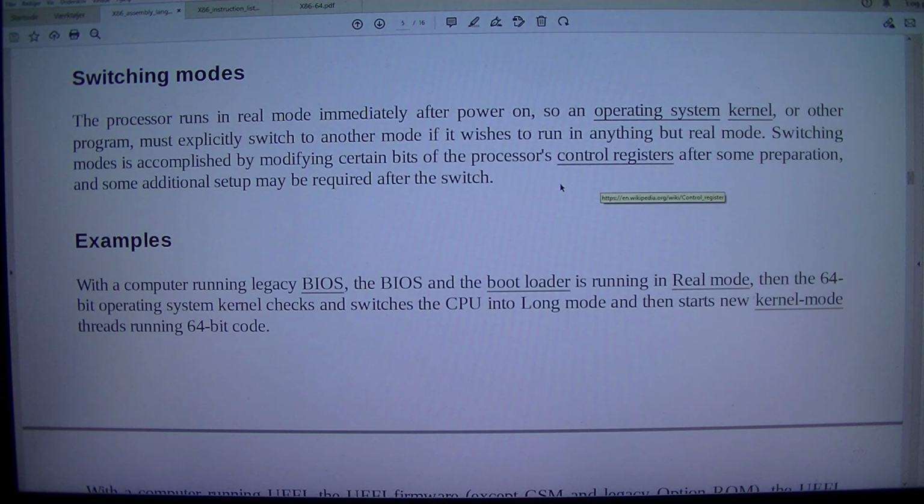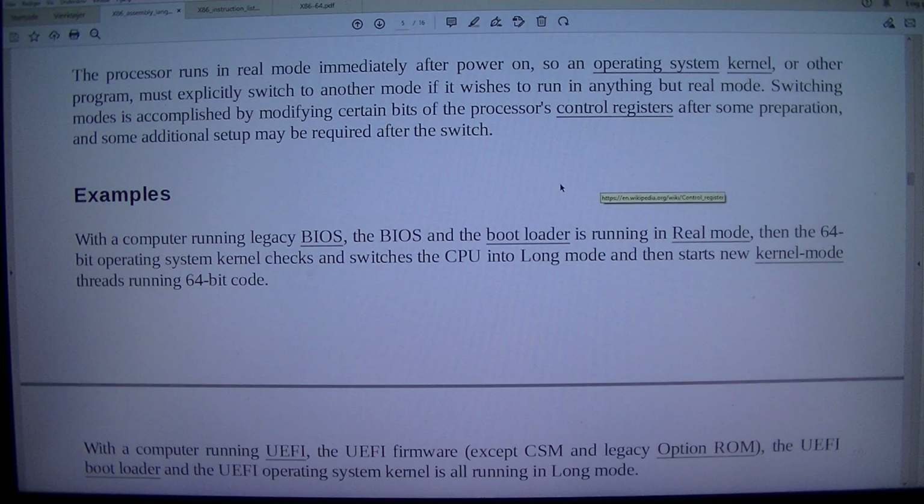Switching modes is accomplished by modifying certain bits of the processor's control registers after some preparation, and some additional setup may be required after the switch. Examples: with a computer running legacy BIOS, the BIOS and the bootloader are running in real mode, then the 64-bit operating system kernel checks and switches the CPU into long mode and then starts new kernel mode threads running 64-bit code.